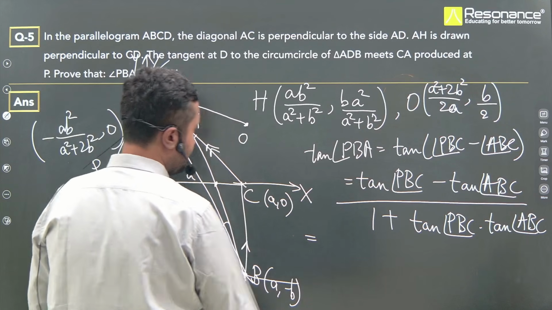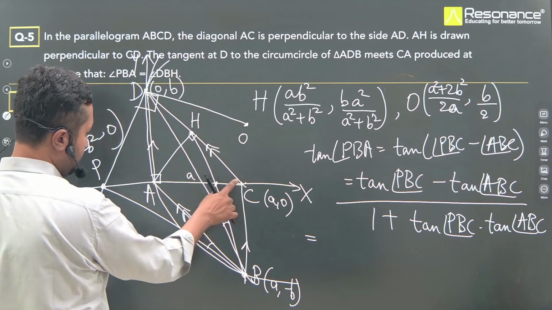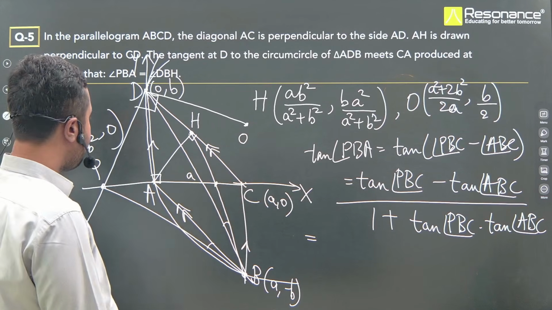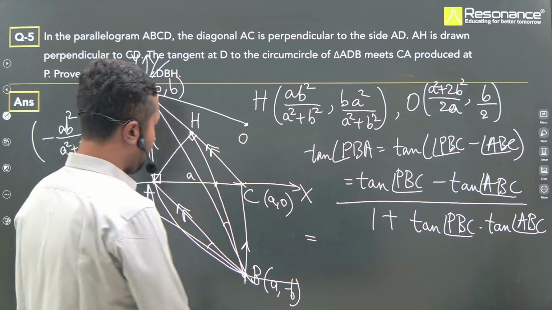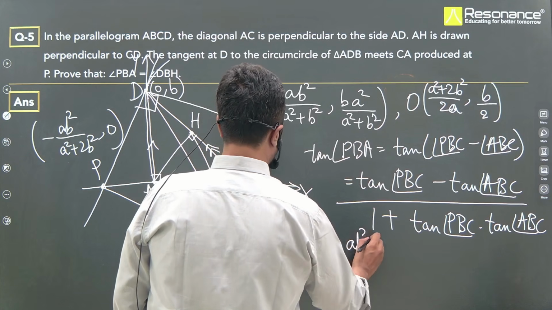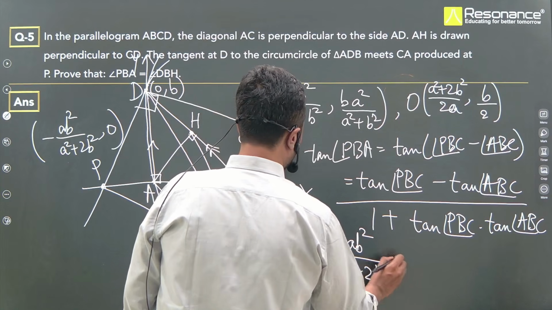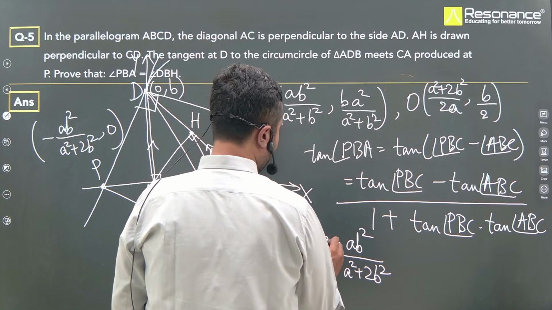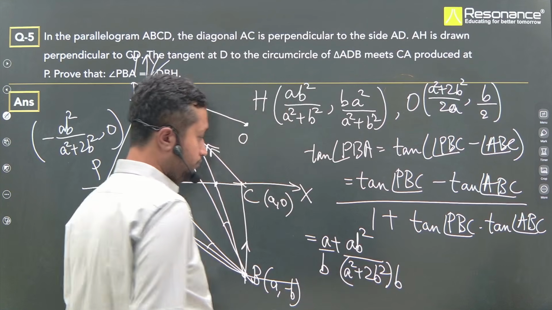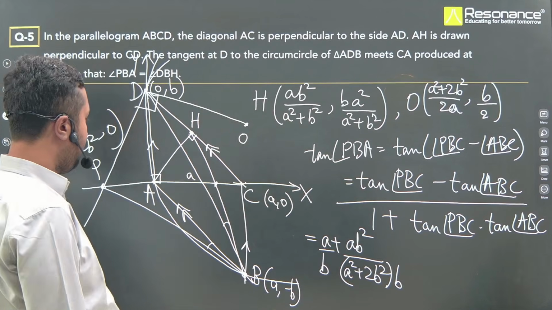Okay, let's try this out. So tan PBC, what is all that? It is PC divided by BC. So PC is A plus alpha. So it is A plus AB square divided by A square plus 2B square, whole thing divided by B. That's the first term. Minus tan of ABC.